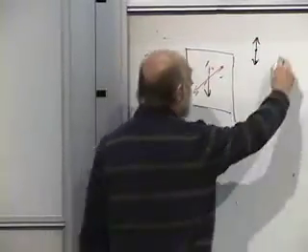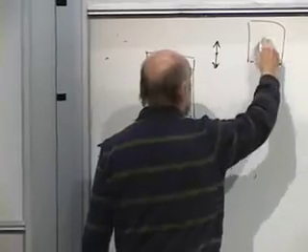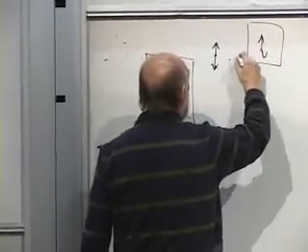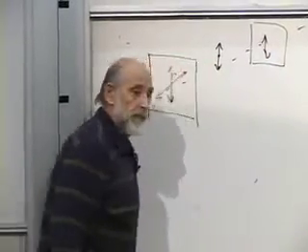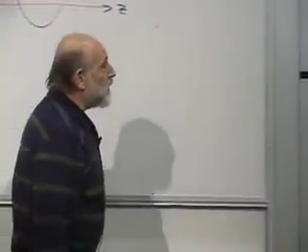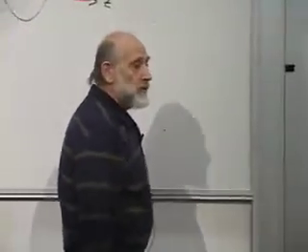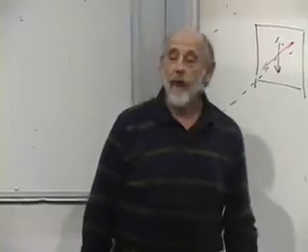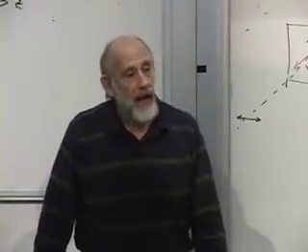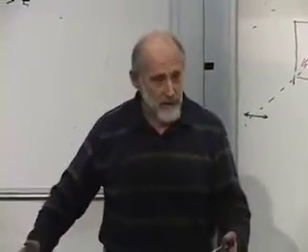You can send it through another vertical polarizer, and it will, with probability 1, go through. Okay? So you can think then of the polarizer as both a measuring apparatus and a preparer of states.